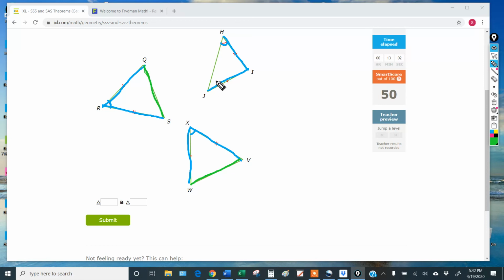It's also possible that this angle here and this angle here are different from the two angles in the other triangles. So this one is not the same as the other ones. So we're just going to say, let's go over 1 and then 2. QRS, and then WXV over 1 and then over 2.